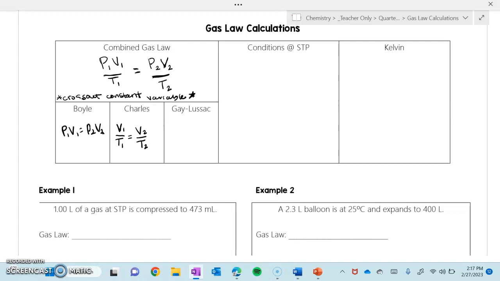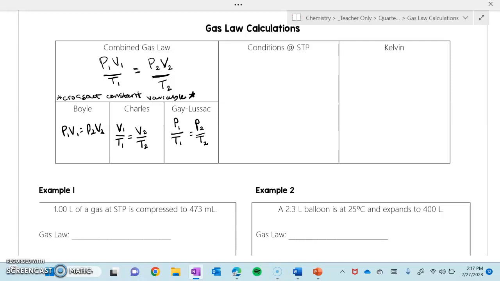And the last one, Gay-Lussac's law, has volume constant. So if you cross out volume, you're left with P1 over T1 equals P2 over T2. And again, this looks like a proportion because when things are directly related, they are proportionally written in an equation like this.